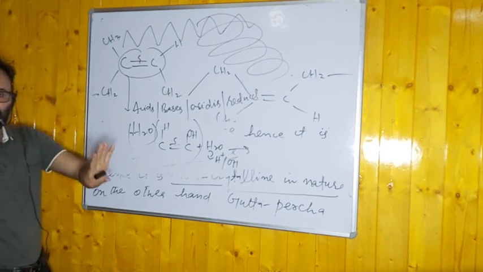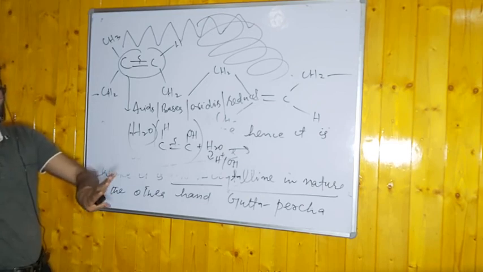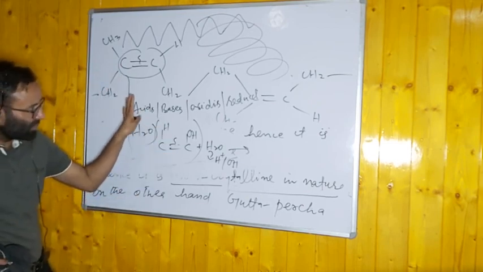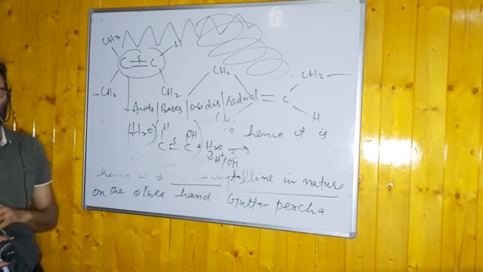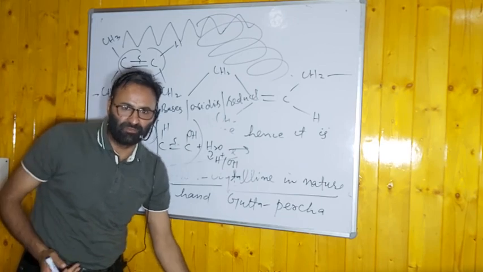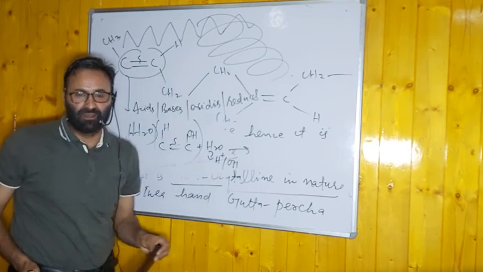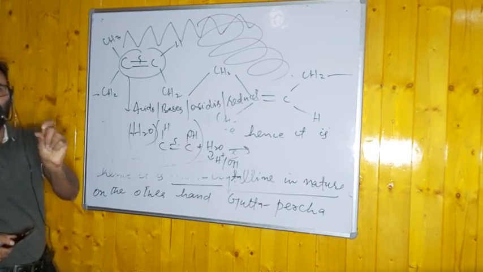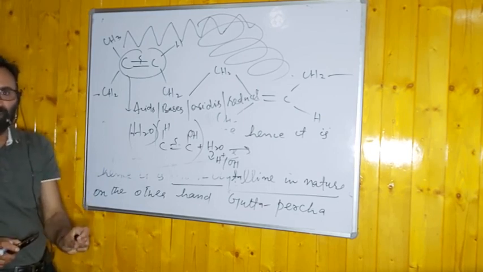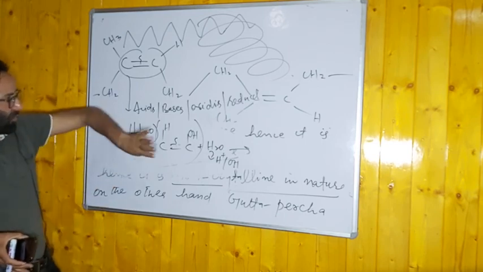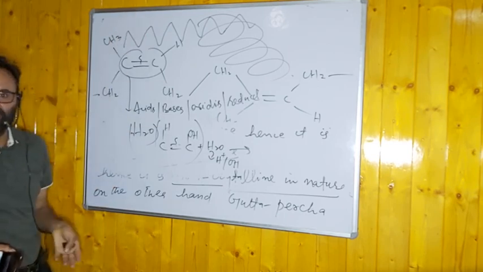In the next lecture, we will discuss vulcanization of rubber. But you should remember here, the main aim of vulcanization of natural rubber is to maintain its elasticity and overcome these problems.